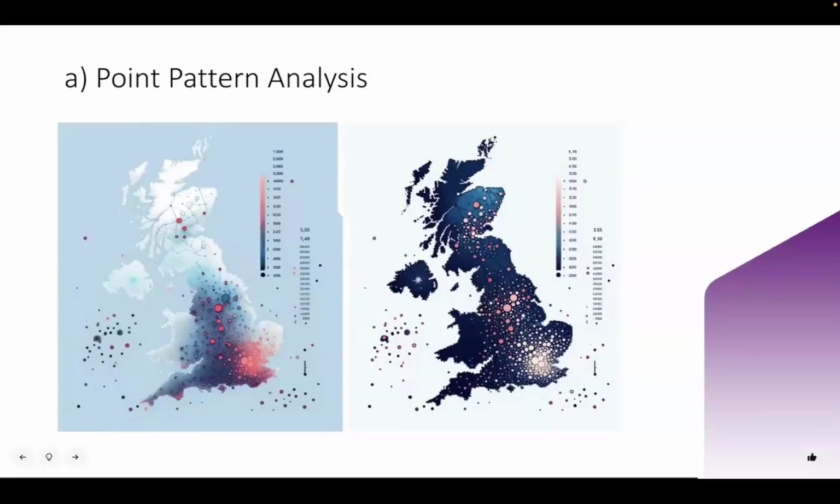So why is it important to use PPA? The most obvious answer is that it helps detect crime hotspots and allocate police resources efficiently. It can reveal patterns that are not visible in a normal raw data set, and it does support predictive policing.